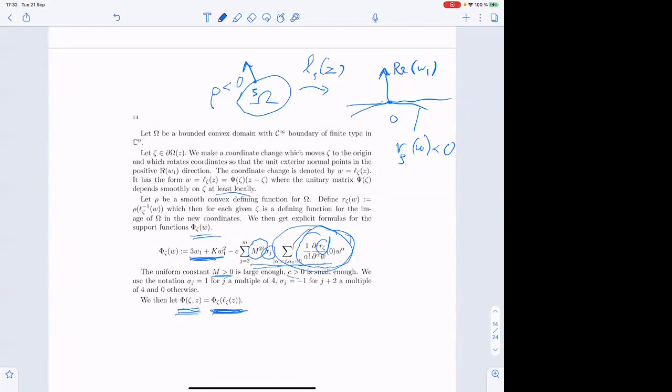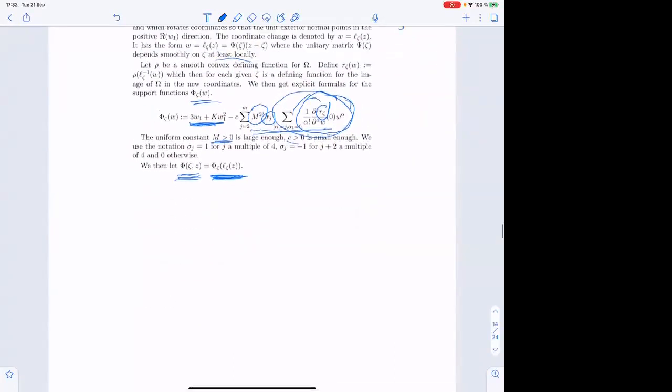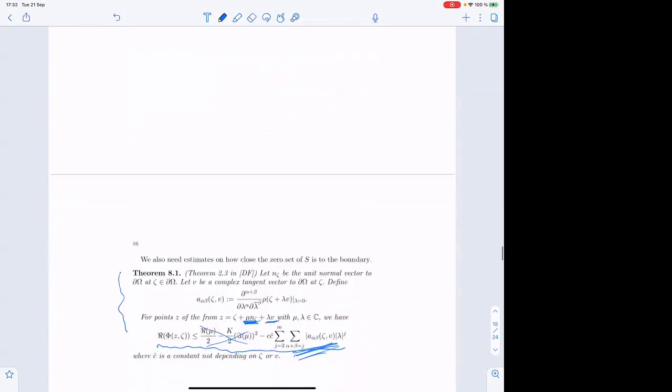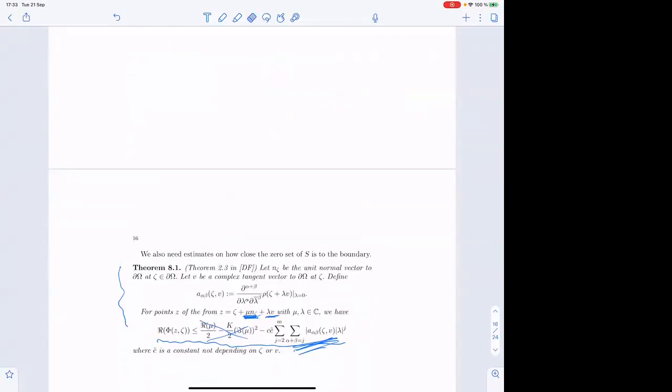They can be positive, negative, imaginary, anything. But in this formula, these terms appear only with absolute value in the right direction, namely negative.